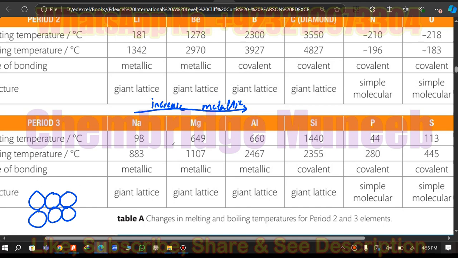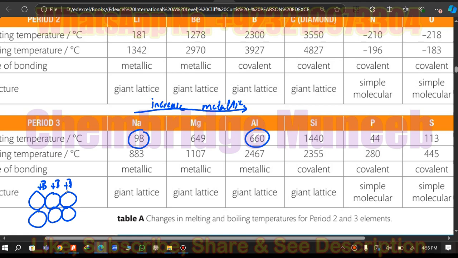Yes, very good. If you compare sodium versus aluminium, then sodium will release only one electron in its surrounding. However, the aluminium will release 3 electrons per atom. So there will be a greater number of electrons in case of the aluminium.